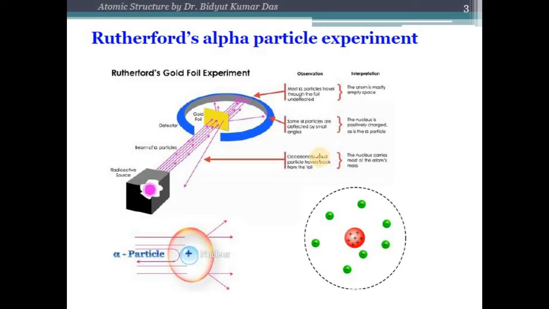Interestingly, Rutherford found that some alpha particles are reflected back from the gold foil at a 180-degree angle. From this result, Rutherford proposed that atoms have a positive core at the center containing most of the mass, and electrons are randomly scattered about this positive core.